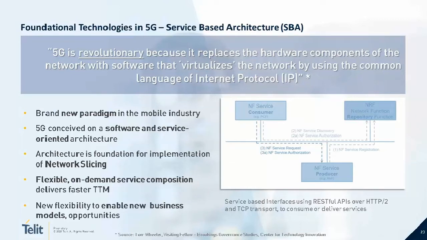One of those is called SBA, the service-based architecture, and that's what's revolutionary. A lot of the processing happens in the cloud, at the IP packet layer level, so a lot of the standard IP protocol related efficiencies and network functions can be realized. NF here means network function.